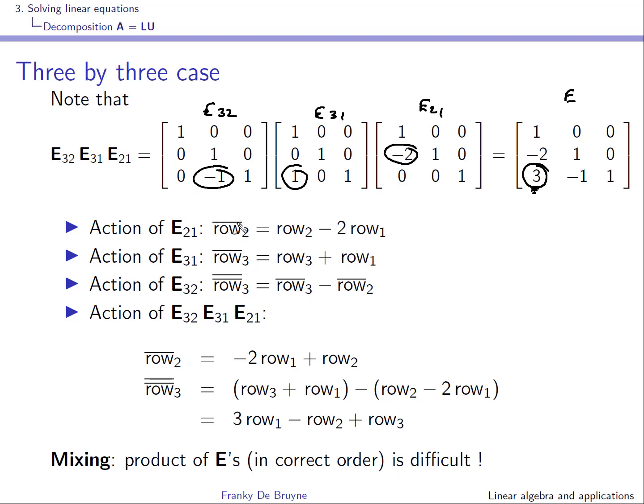So if you inject this one over here and this one over here and you do the calculations, you see that the final row 3 here is obtained like this from the original matrix. Okay, so you see that there is a mixing that is occurring here, and you cannot construct E from the multipliers. It's okay for this and this element, but in this case here not for this element.